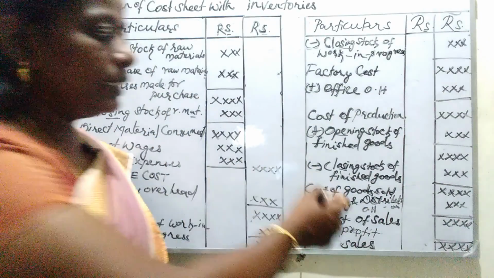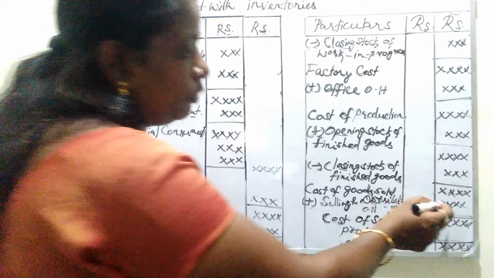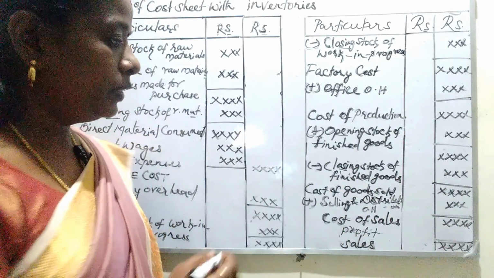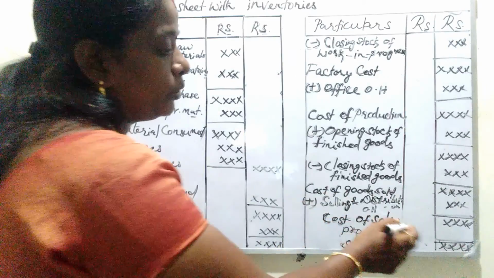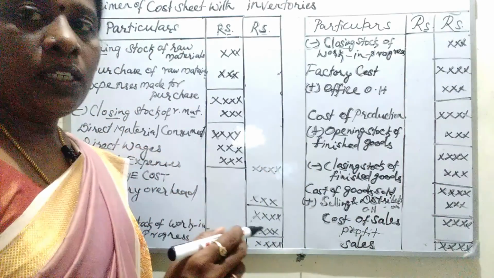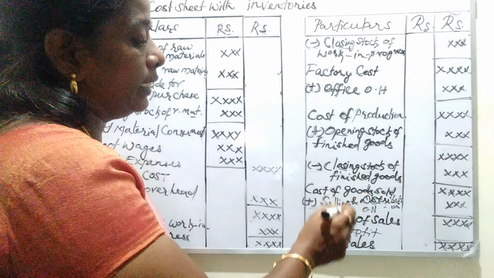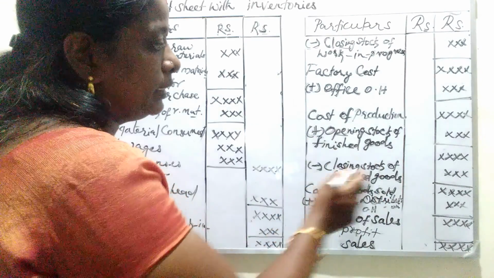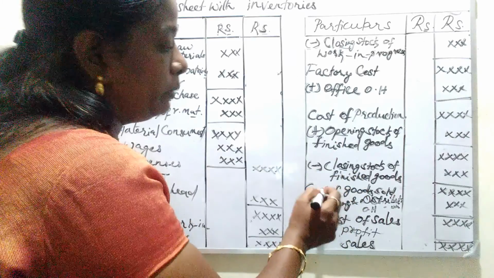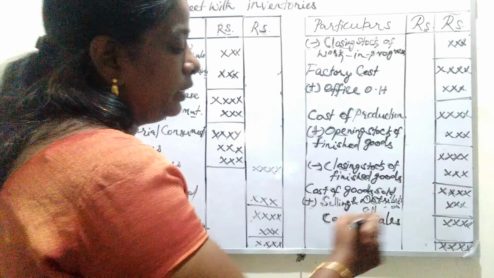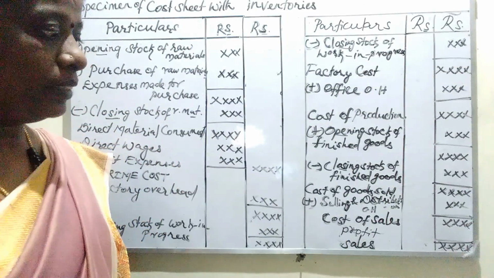At last, selling and distribution overhead has to be added to the cost of goods sold. So the final answer is the cost of sales. In the previous video we found the cost of sales directly, but here we have to adjust the stock. So in between we found the cost of goods sold and then the cost of sales.